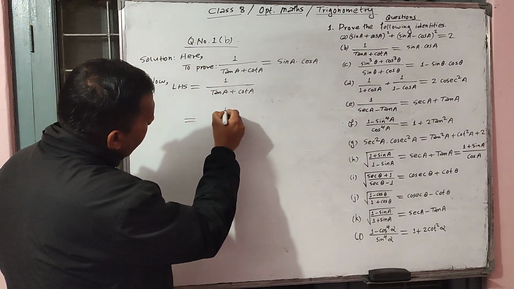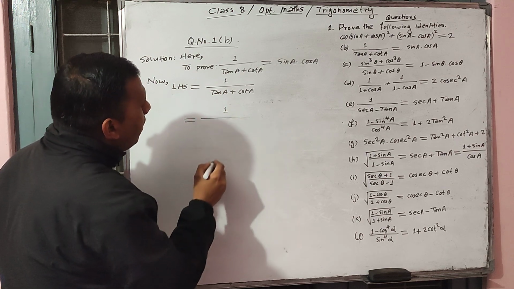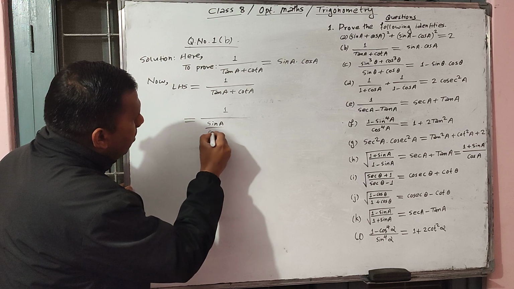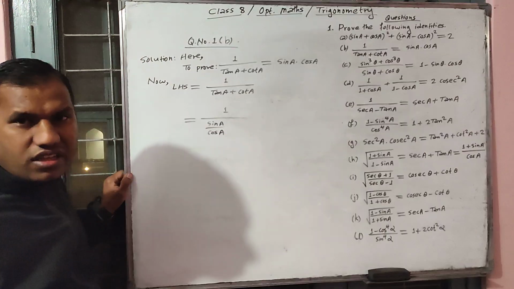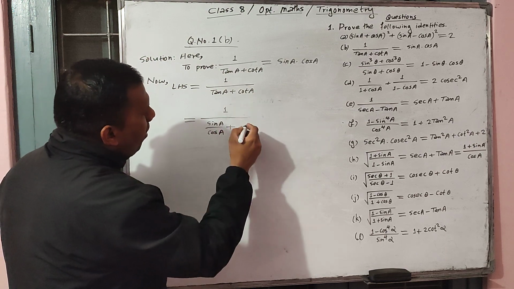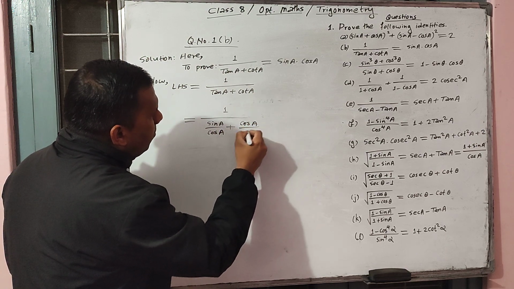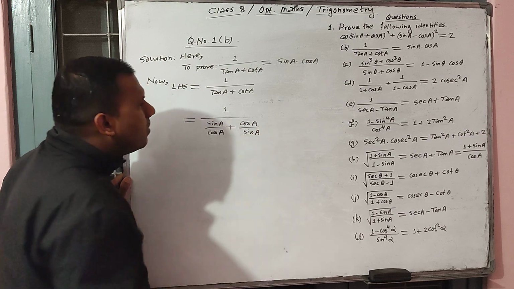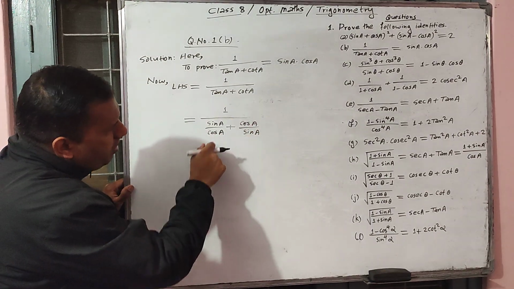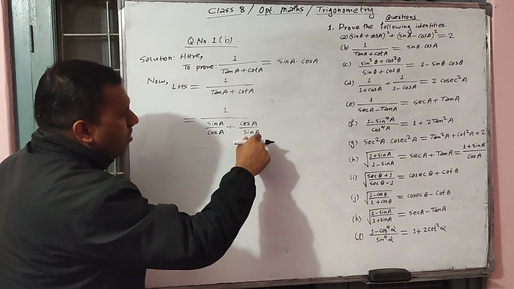So, in the first step, we can write 1 upon tan A, for tan A is equal to sin A upon cos A by using the quotient relation. Similarly, plus for cot A, we can write cos A upon sin A. On both, we use the quotient relation: tan A equal to sin A upon cos A and cot A equal to cos A upon sin A.